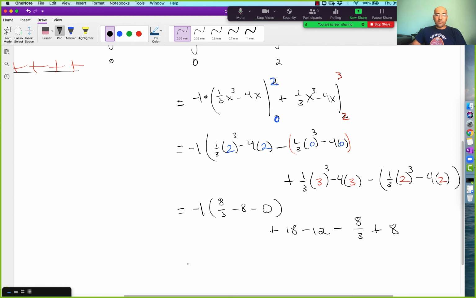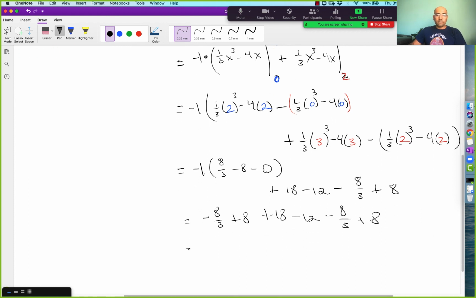Distributing this minus, I end up with minus 8/3 plus 8 plus 18 minus 12 minus 8/3 plus 8. Minus 8/3 minus 8/3 gets me to minus 16/3 plus, and then 8 plus 8 is 16 minus 4 is positive 4 plus 18 gets you to plus 22.